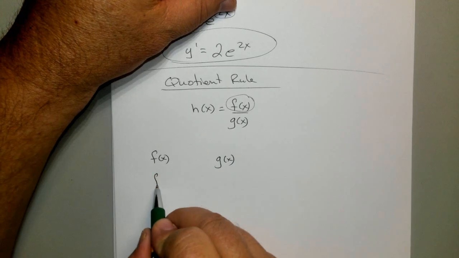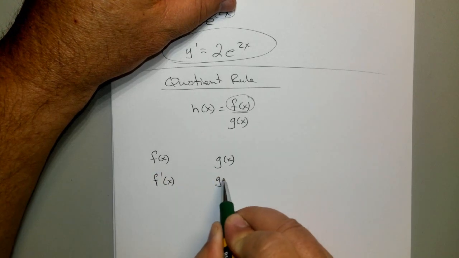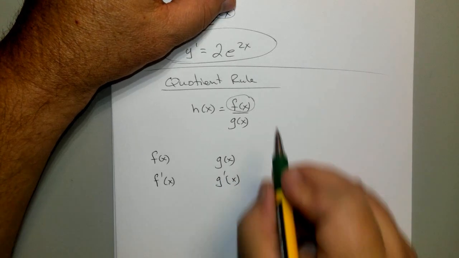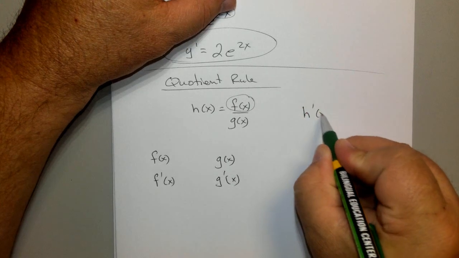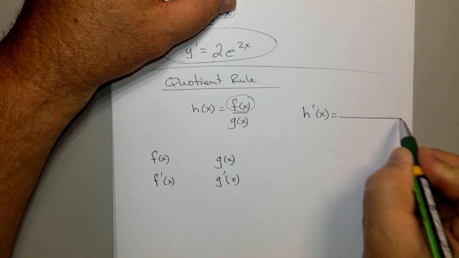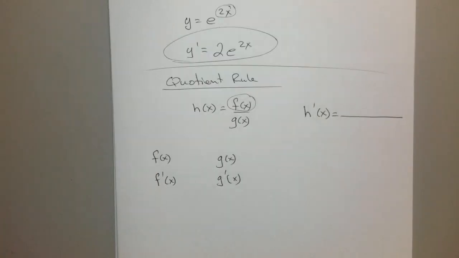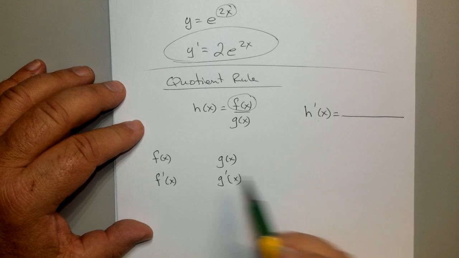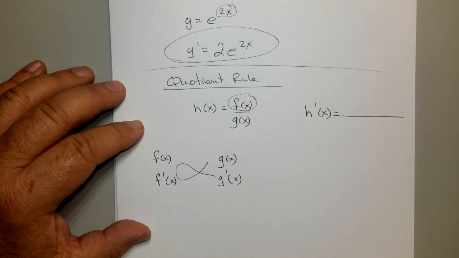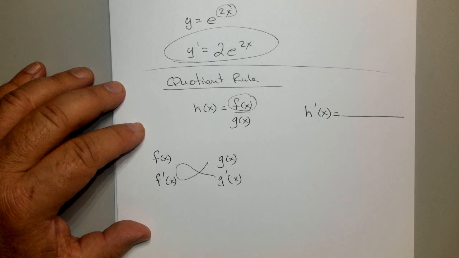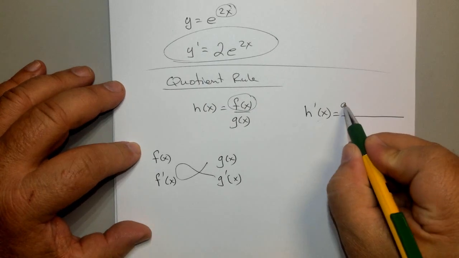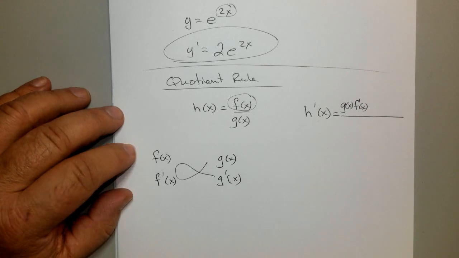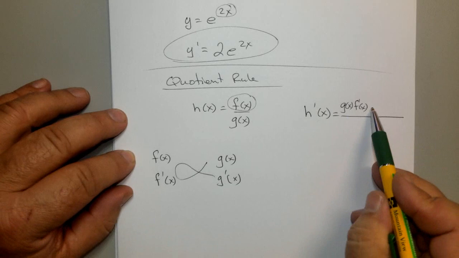Take the derivatives of both of those. So now we're looking for the derivative. We do the same format we did last time. G of x times f prime of x. Now, since we're dividing, what sign goes between there?